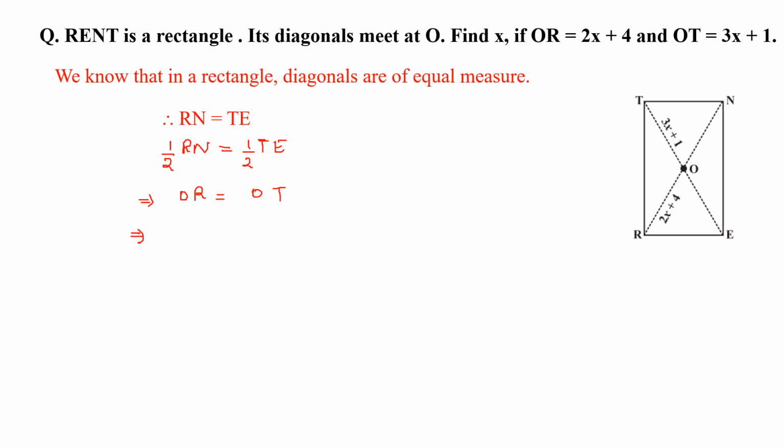Now the value for OR is given as 2x plus 4 and the value of OT is given as 3x plus 1. So if I solve this, 4 minus 1 will be equal to 3x minus 2x, and from here I get the value of x as 3. So the unknown value of x is 3 here.